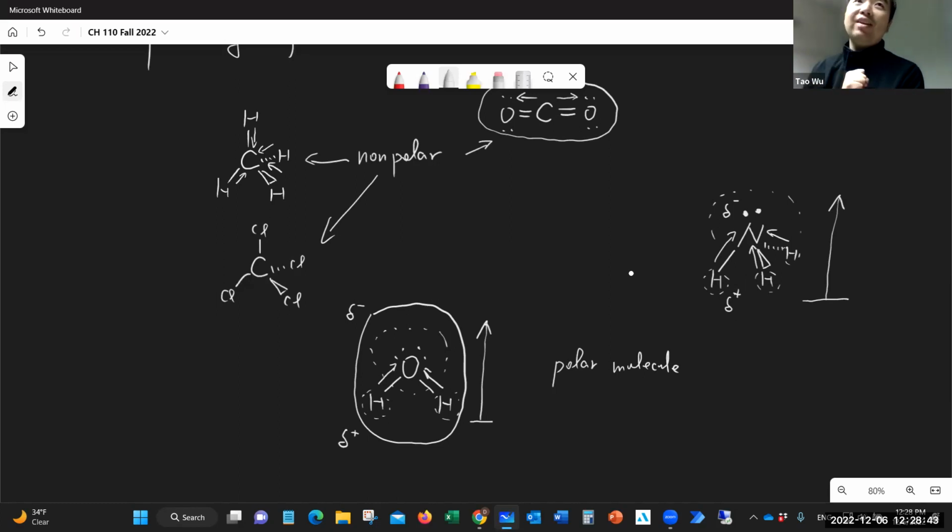That's because we talk about solvation, or dissolution, okay? A polar molecule can only dissolve in a polar solvent. A non-polar molecule can only dissolve in a non-polar solvent. So a polar molecule cannot dissolve in a non-polar solvent, and a non-polar molecule cannot dissolve in a polar solvent.